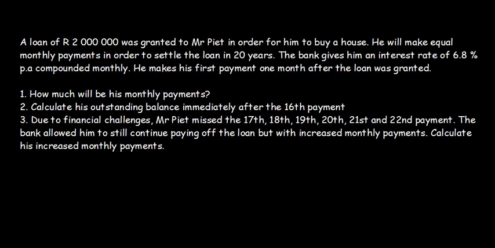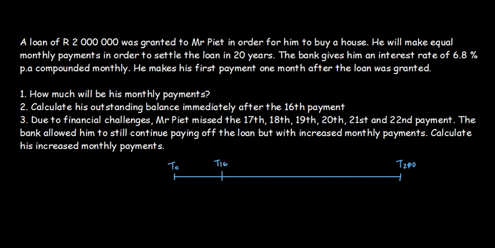You are simply going to look at it in terms of a timeline. You have something that looks like this, and remember it's T240. We started on T0, and the last one is T240. Remember that we calculated the outstanding balance on T16.